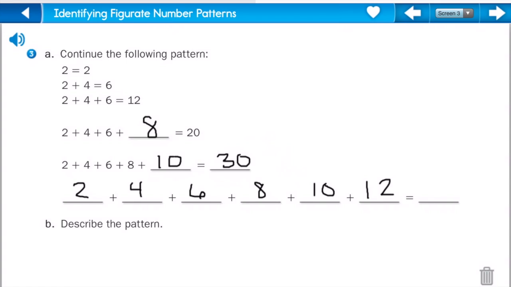So now we have to figure out what the answer is. So here we had 2 plus 4 plus 6 plus 8 plus 10 equals 30. Now we can just add 30 plus our number right here plus 12. And what do we get? Yeah, we get 42. And so let's describe this pattern.